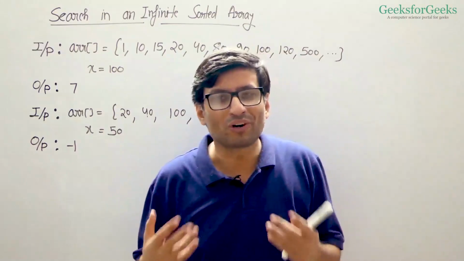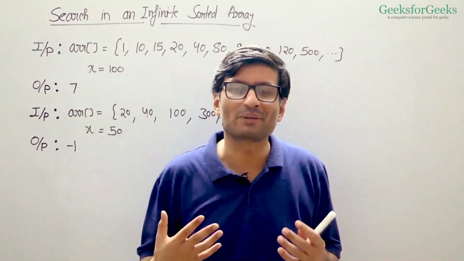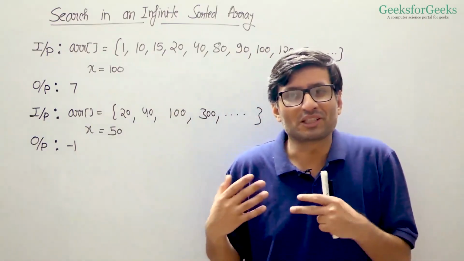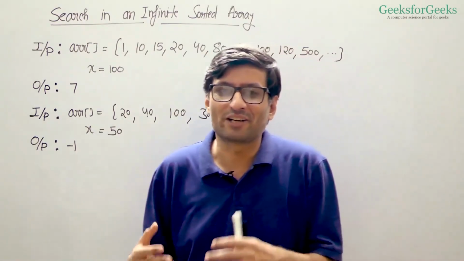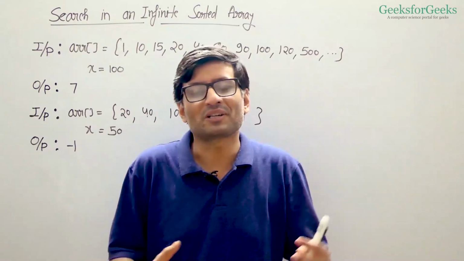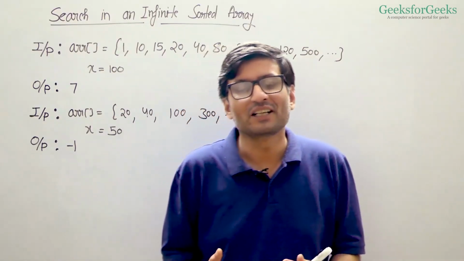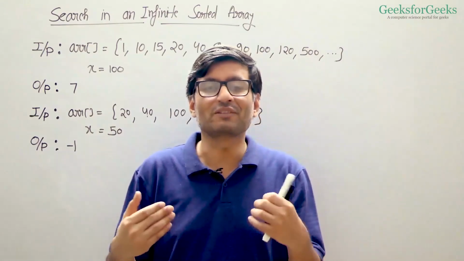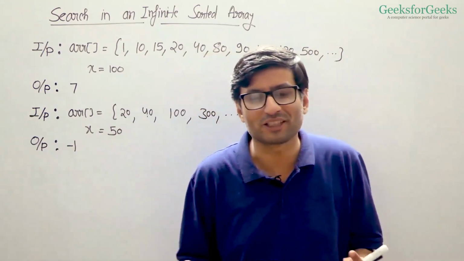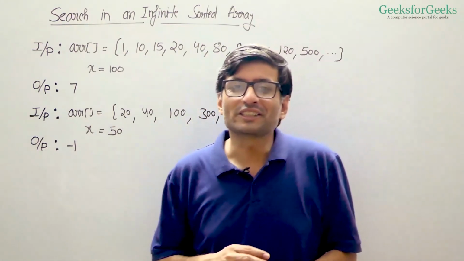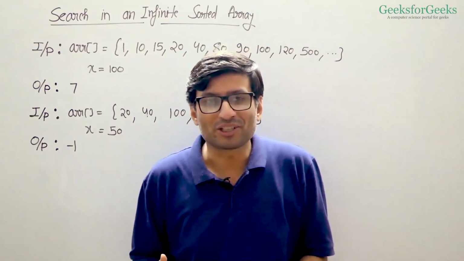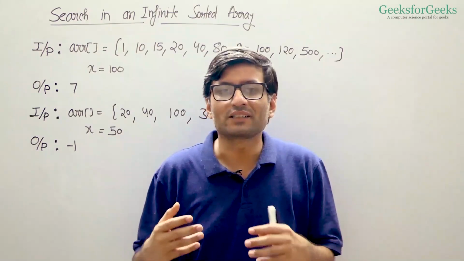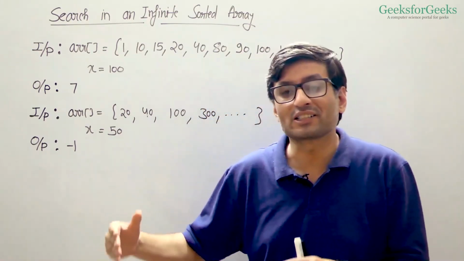Now you must be wondering, how would somebody set up a question in an online contest? Because if you're programming in Java, you can get the array.length and find out how many elements this array has. And if you're programming in C++ and somebody has given you a vector, you can do vector.size. The thing is, we can set up a question like this in an online contest where we specify size of arrays as millions.